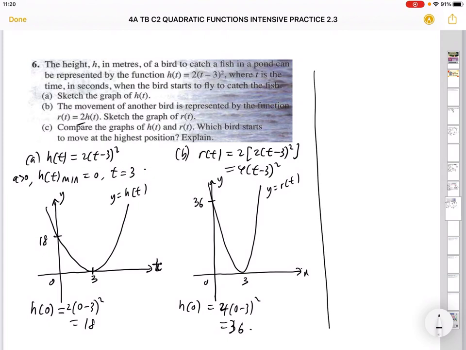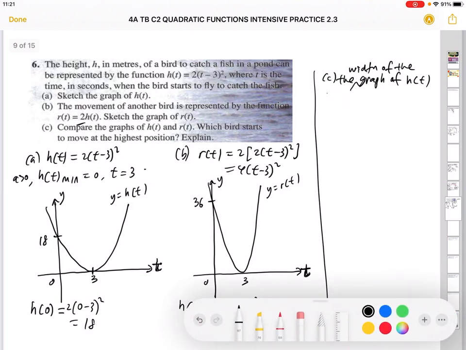So we say when you compare the graph, right, we can say the graph of h(t) has the width of the graph of h(t) is bigger. Yeah, bigger width.